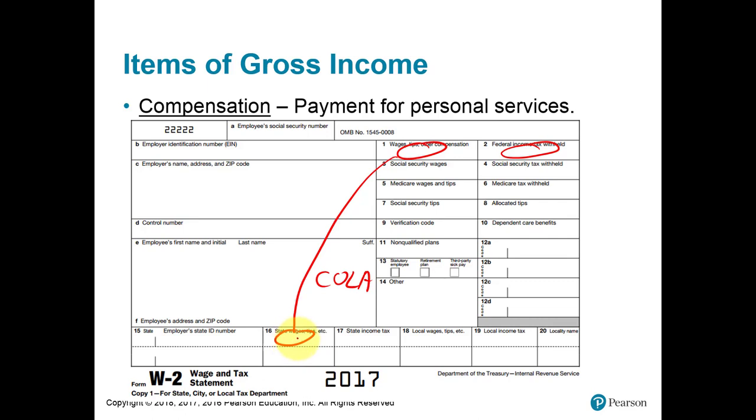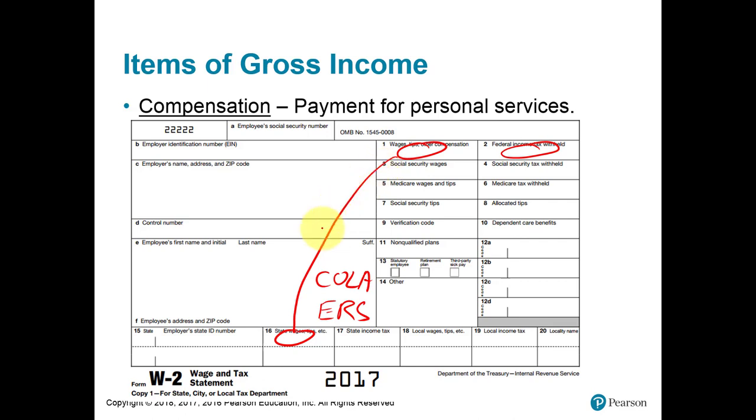Or let's say that you're a city and county or state employee and you contribute to the pension plan. They call it the Employees' Retirement System. And they take that out of your paycheck, and for federal purposes, they're going to reduce your gross pay, so that's going to be a smaller amount to be taxed.